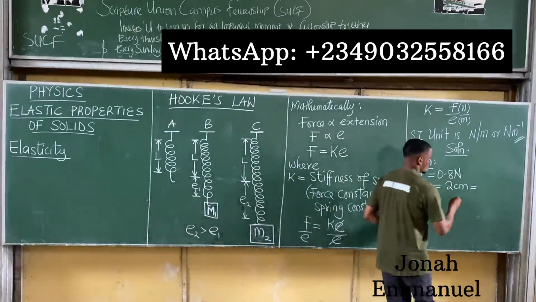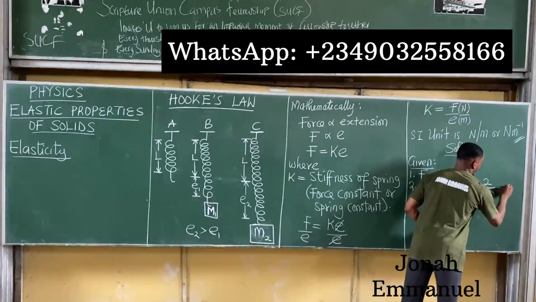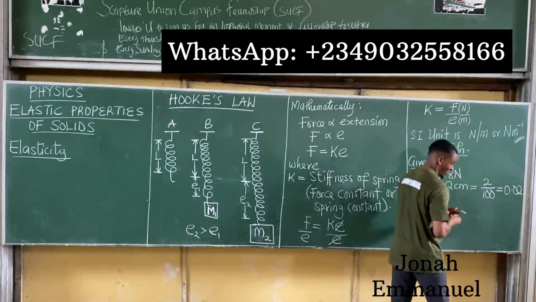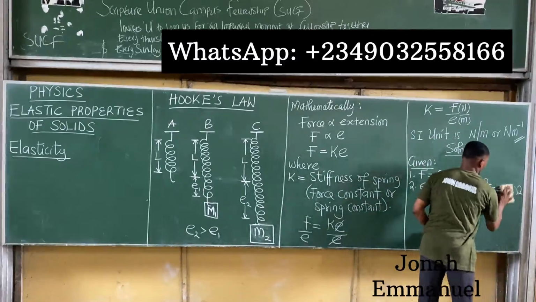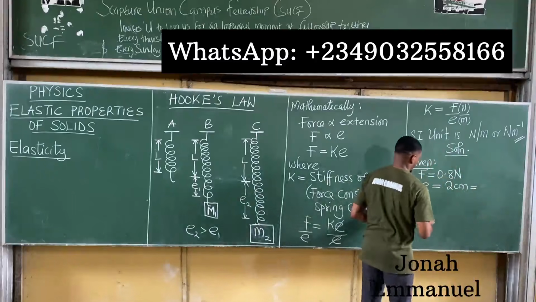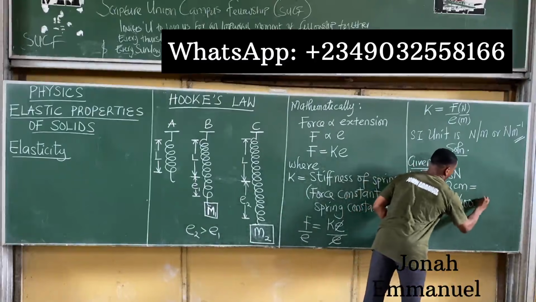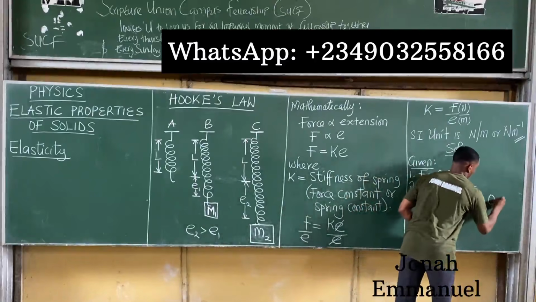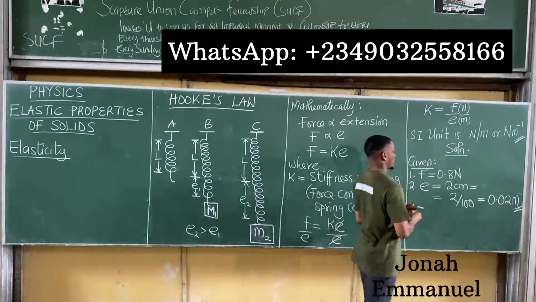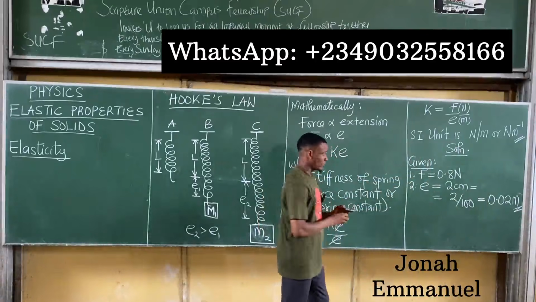So it becomes 2 all over 100, and that gives me 0.02 in meters. Let me write that one outside. That's equal to 2 divided by 100, and that should give you 0.02 meters. So this is the value of the extension in meters. We have to find the elastic constant.